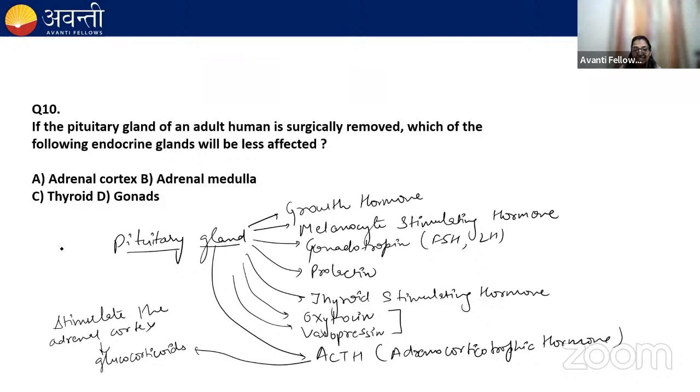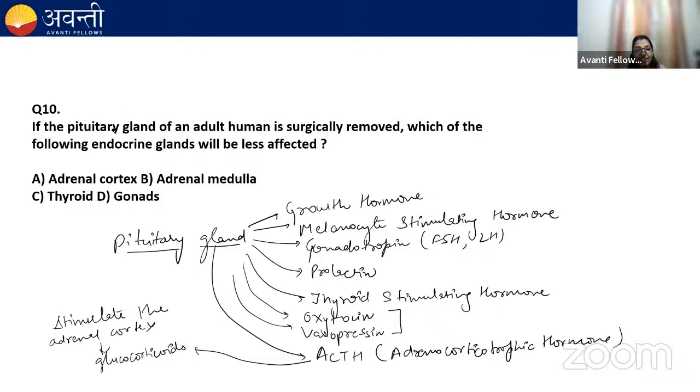The adrenal cortex releases glucocorticoid hormone, which plays a very important role in carbohydrate metabolism. It also produces mineralocorticoid hormone. And the adrenal medulla produces epinephrine and norepinephrine, which are the fight and flight hormones, or the emergency hormones.